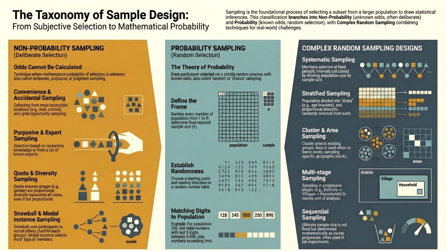Multi-stage sampling, this is where you divide the larger population into multiple stages and then collect data depending on this classification. For example, if I am looking at the country, then I will divide it on the basis of states.